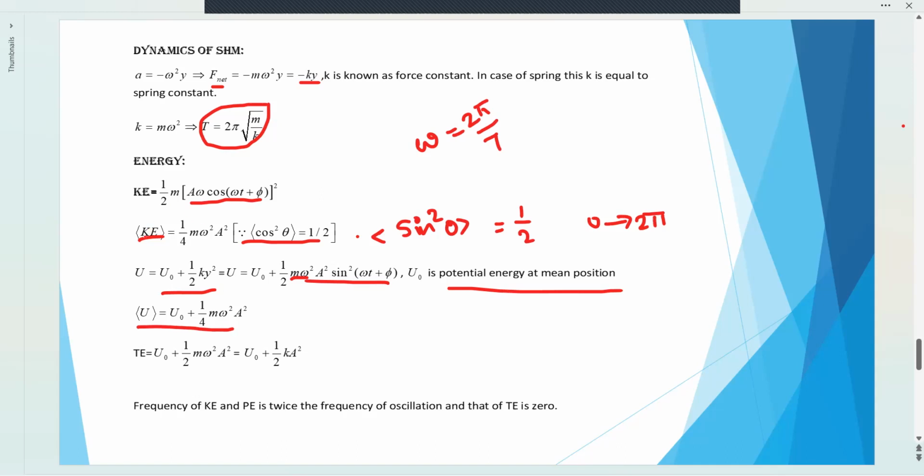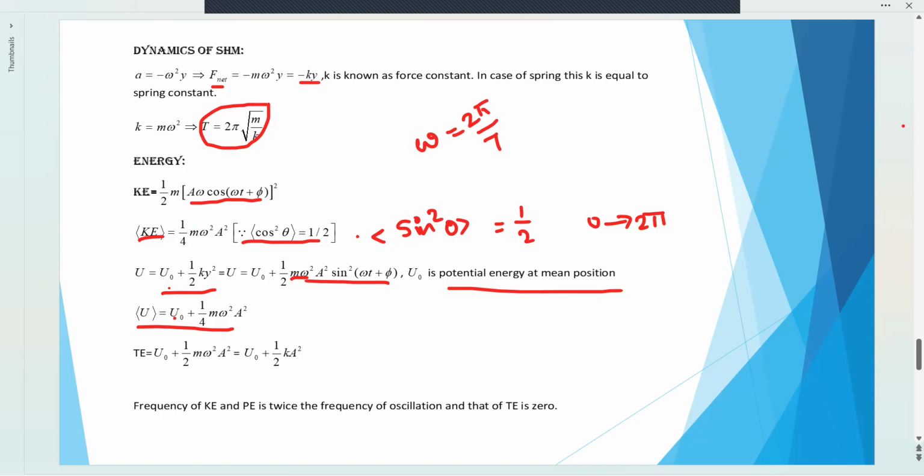These two are not the same. They are the same only if the potential energy at mean position is 0, that is U naught is 0.